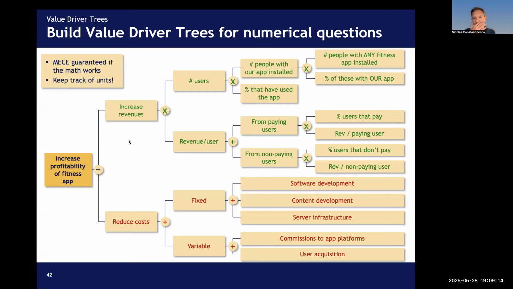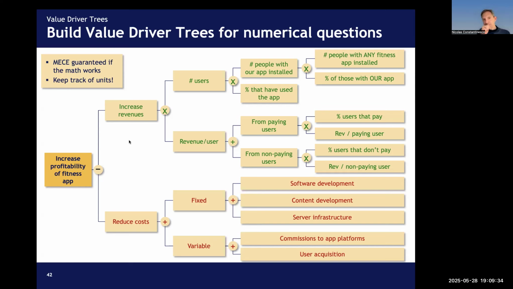And so what you get here is, in this example, we have 11 boxes on the right. Actually 12, because there's also the percent that have used the app. So there's 12 endpoint boxes.